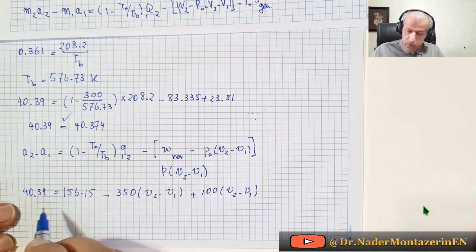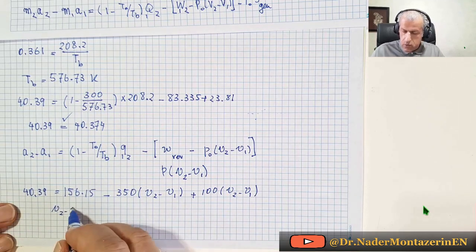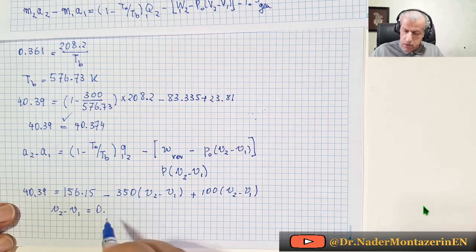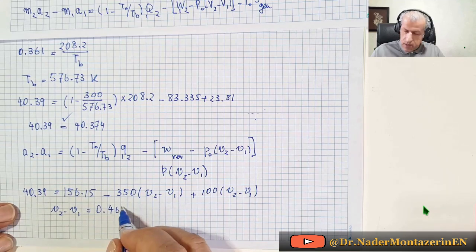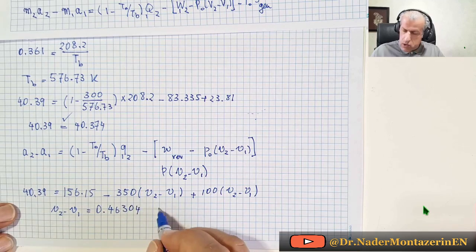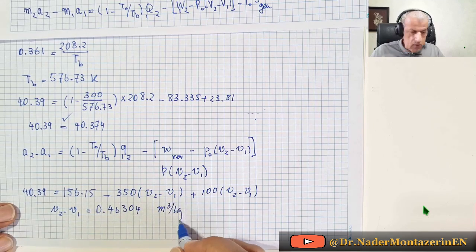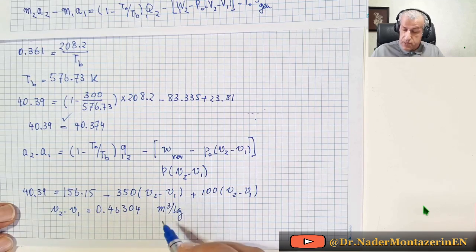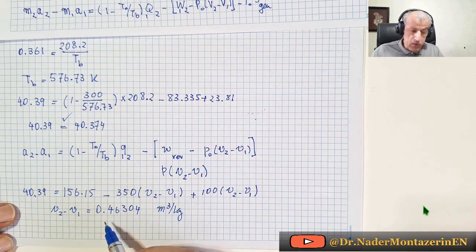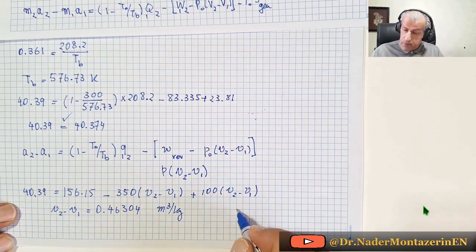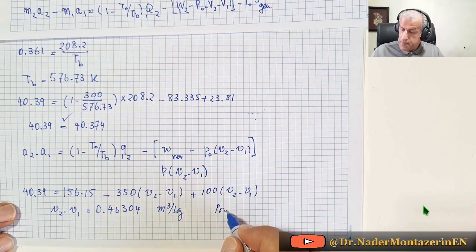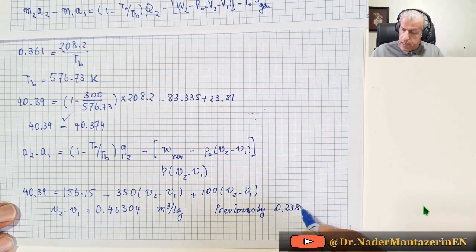And the outcome for V2 minus V1 would be 0.46304 cubic meters per kilogram, which was previously, if you remember, 0.2381.